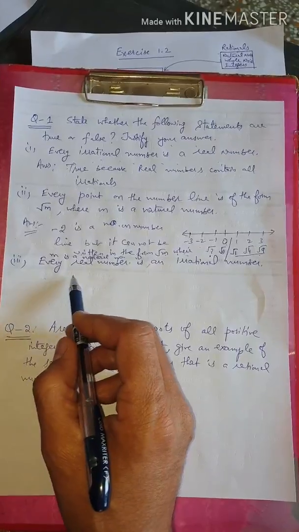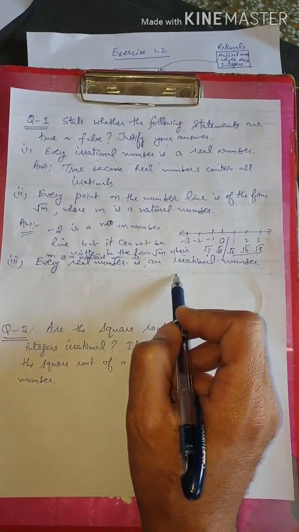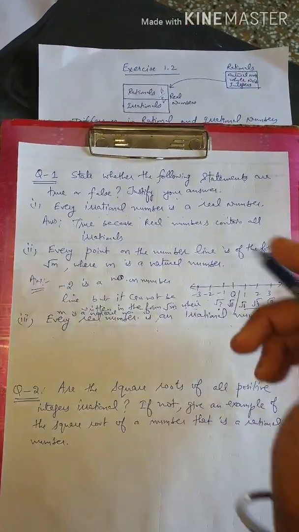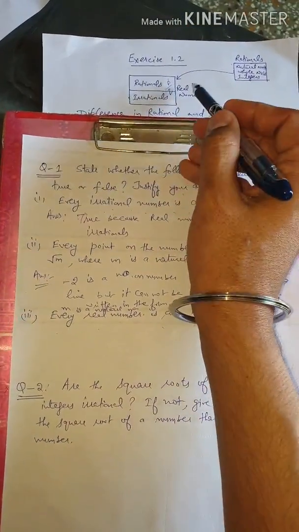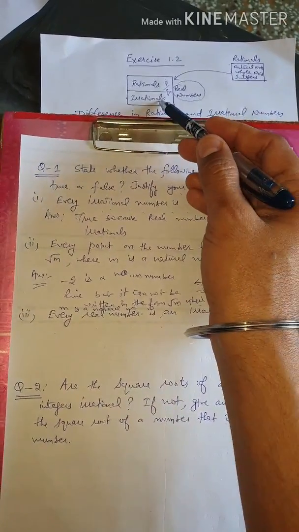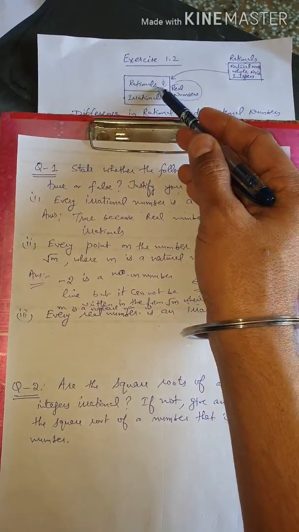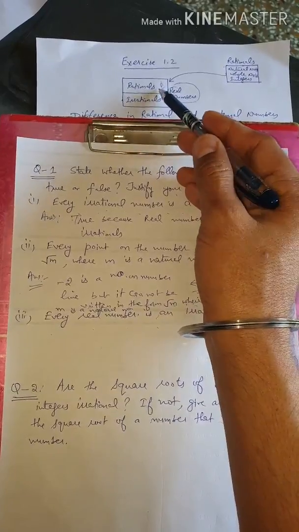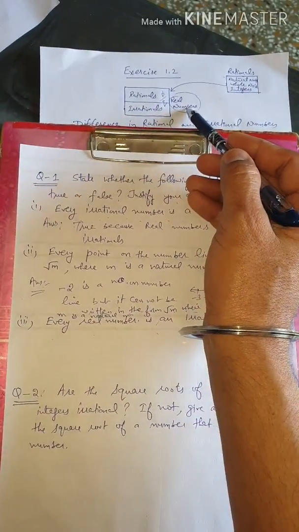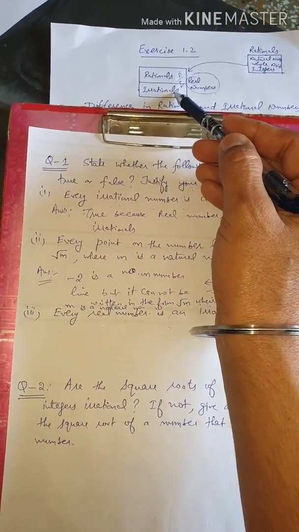Next one, every real number is an irrational number. They are saying every real number, all real numbers, that means they all are irrationals. But you know, reals are a collection of rationals also. So they are only saying all reals are irrationals.